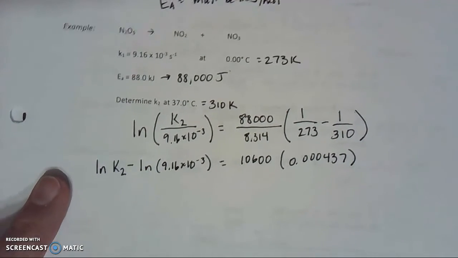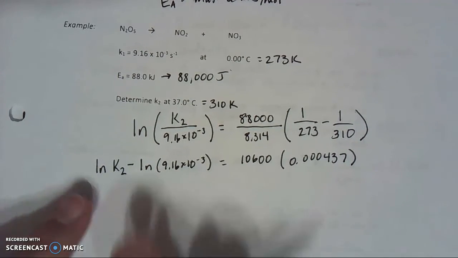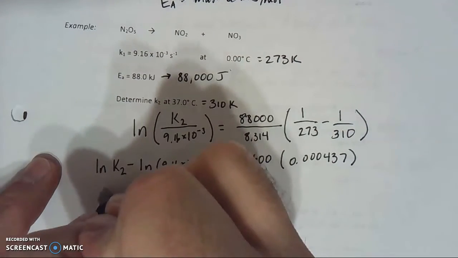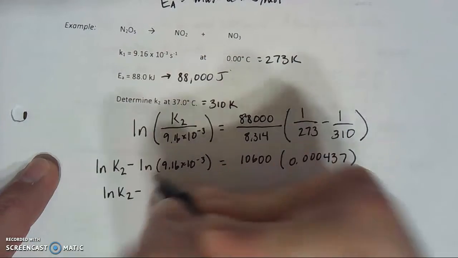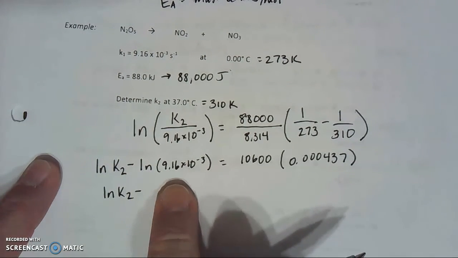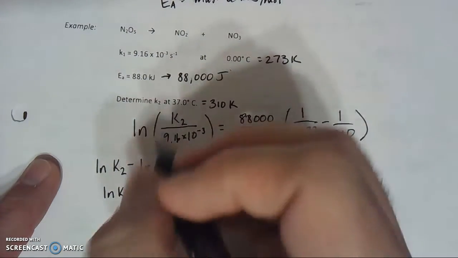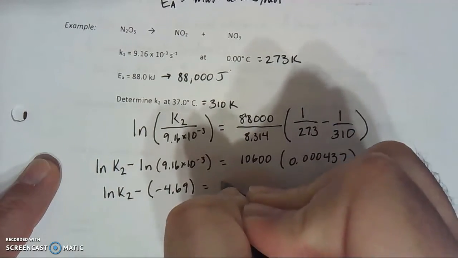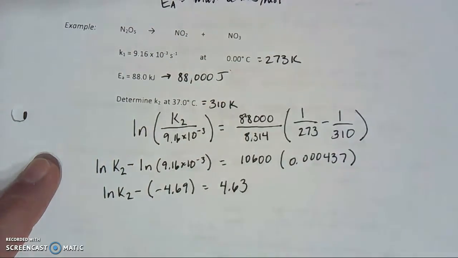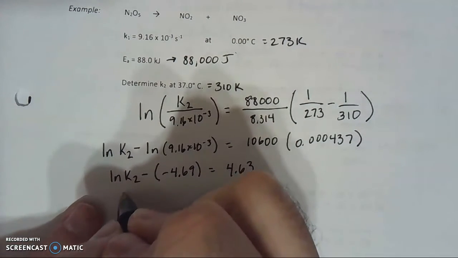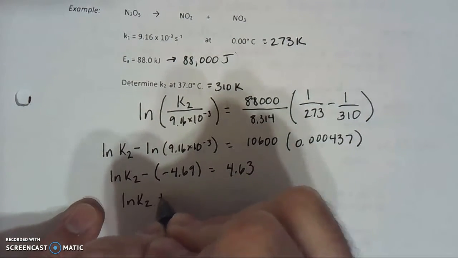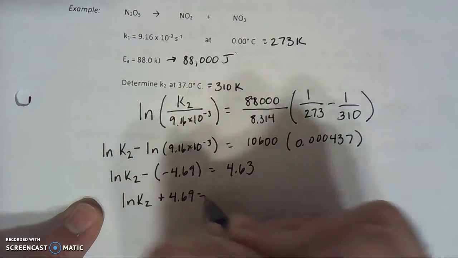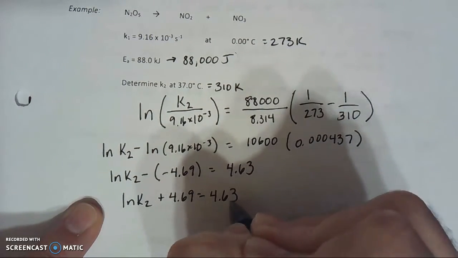So now we can simplify this even further. So the ln of K2 minus, if we take the ln of 0.00916, we get negative 4.69 is equal to 4.63. So we multiply these two numbers together. Simplifying this even further, ln of K2 plus 4.69 is equal to 4.63.